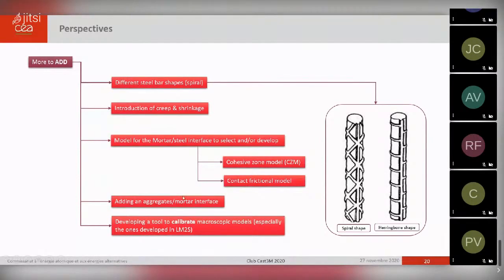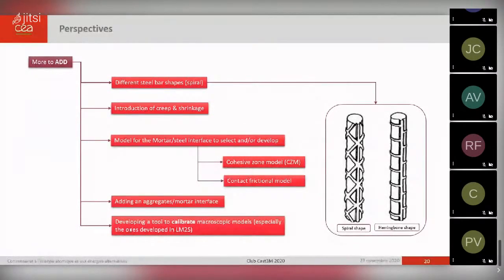Yes, because the interface between aggregate and mortar is a very important parameter, especially the humidity.